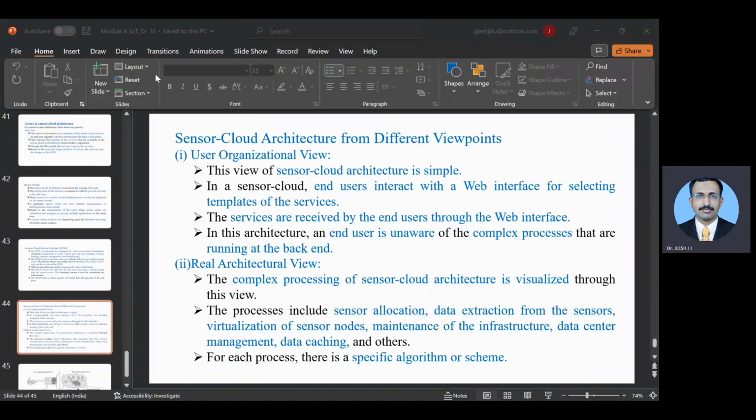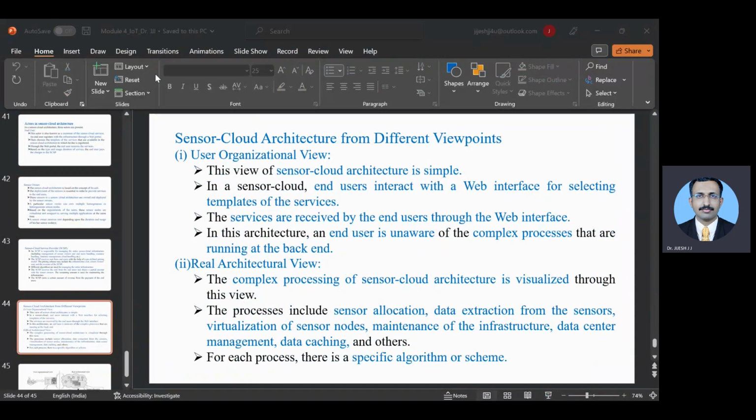We'll see the next one, that is sensor cloud architecture from different viewpoints. How can you see the entire process from different viewpoints? Two viewpoints are there. One is called the user organizational viewpoint, and another is called the real architectural viewpoint.